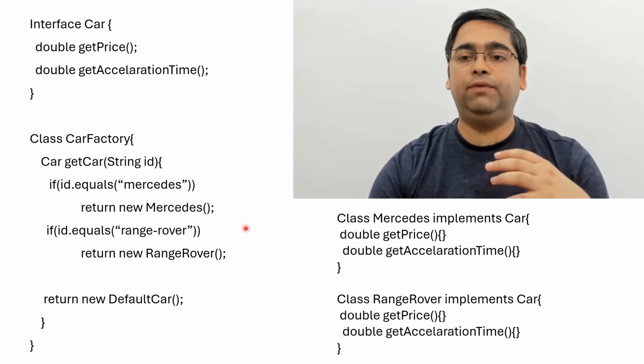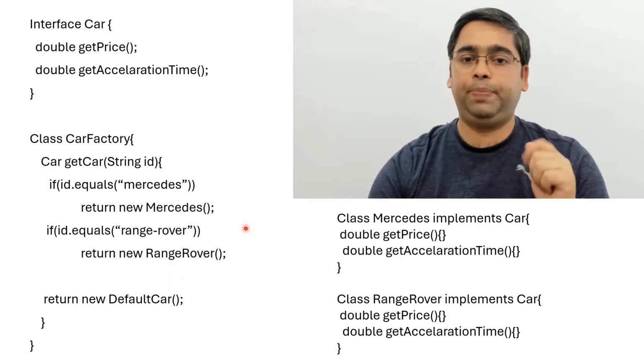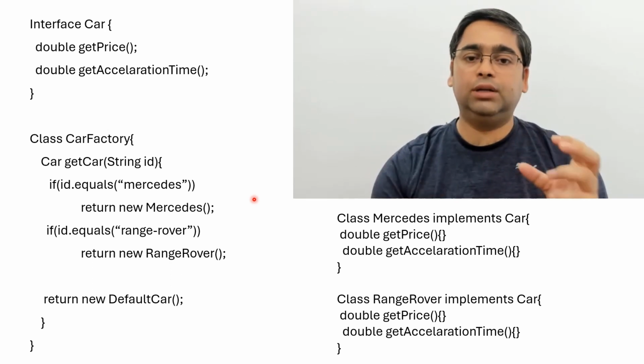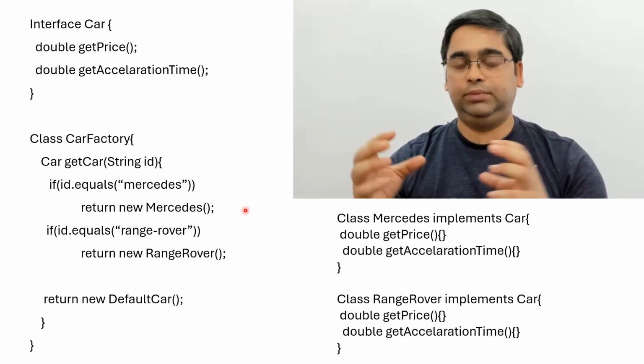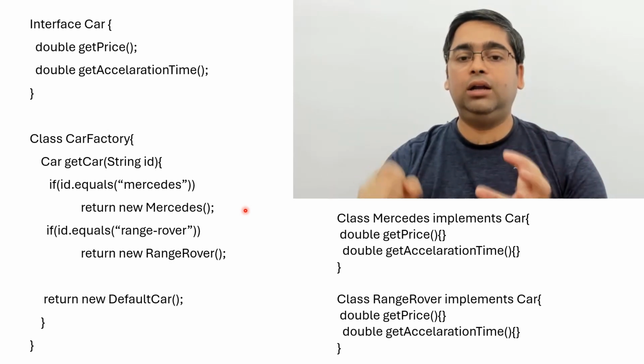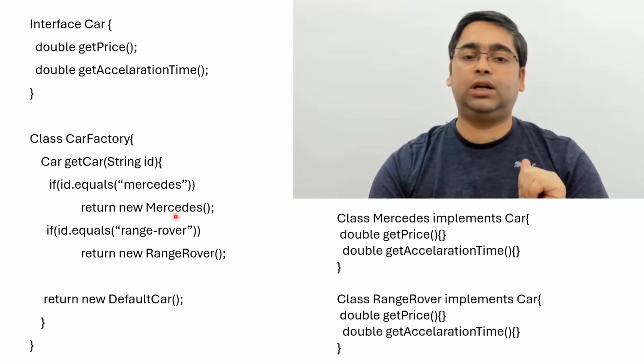Now what benefits did we get from implementing the factory pattern here? The first one is, now the class which is using the Mercedes object and the creation of the Mercedes object, they have become loosely coupled. Earlier, we had to write this new Mercedes code inside the user class itself.